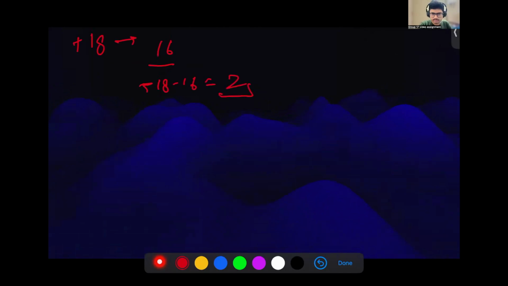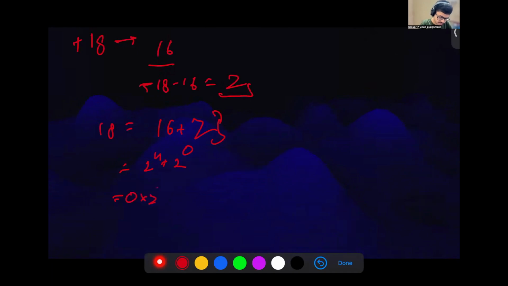Now this is a power of 2. So that's why we can simply represent 18 as 16 plus 2. This gives us the representation of 2 power 4 plus 2 power 1. Since we are doing it for 8 bits, we need to represent it in the format of 0 into 2 power 7 plus 0 into 2 power 6, going on, and then 1 into 2 power 4 plus 0 into 2 power 3 plus 0 into 2 power 2 plus 1 into 2 power 1 plus 0 into 2 power 0.